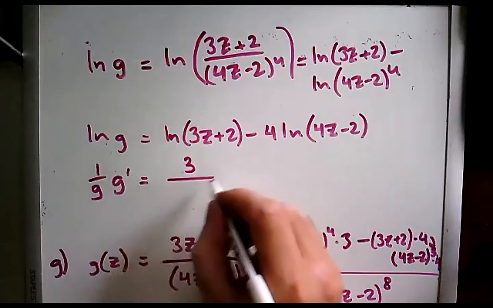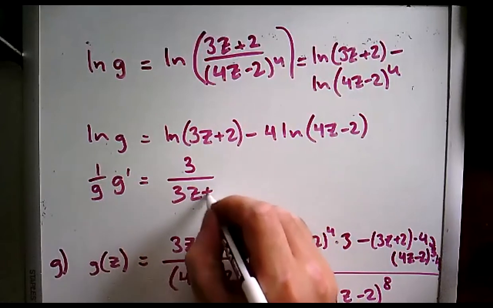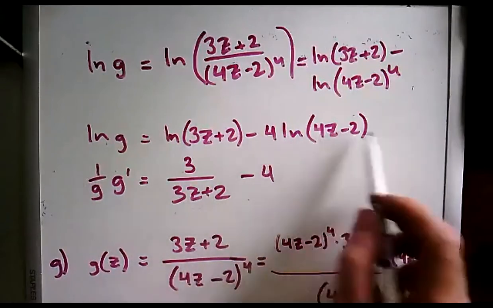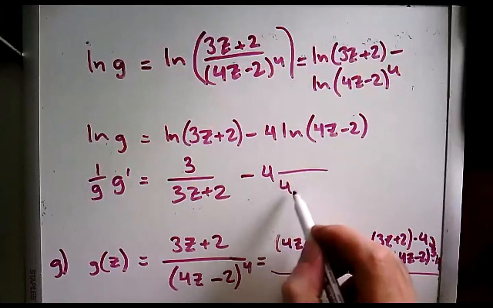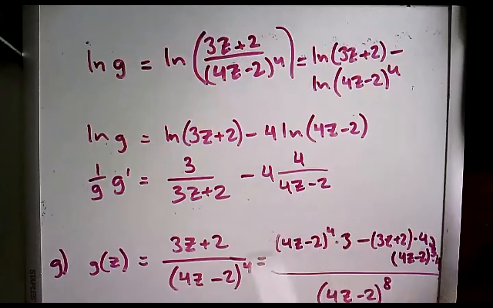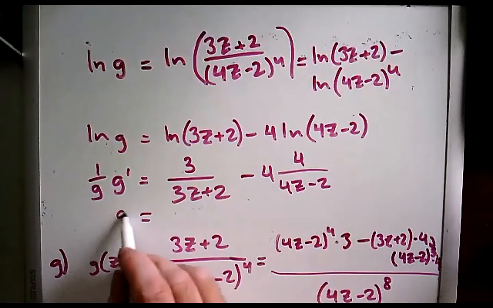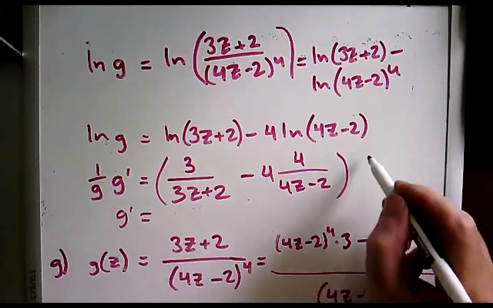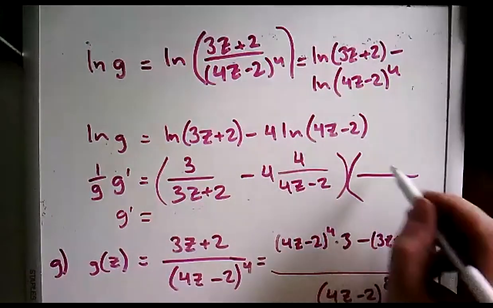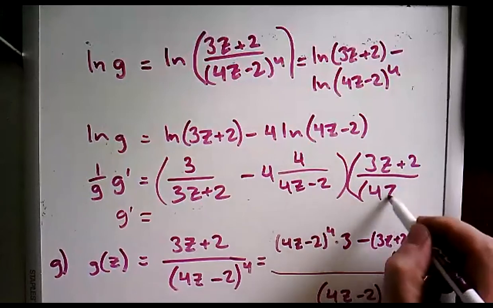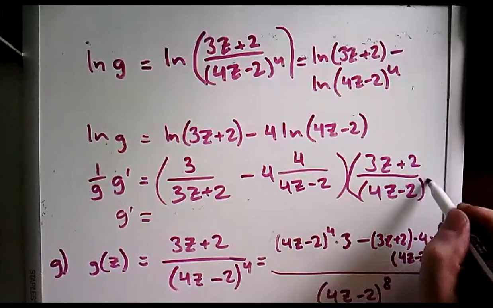So we have 3 over 3z plus 2 minus 4. And again, taking the derivative of natural log 4z minus 2, that's 1 over 4z minus 2 times the derivative of the inside function. And so we're almost to G prime. To get G prime here, we just now take this quantity and we multiply both sides by G. So both sides times that original function, 3z plus 2 over 4z minus 2 to the fourth.